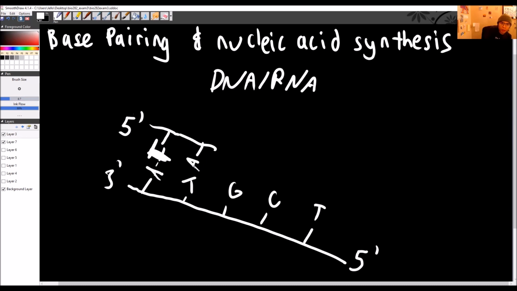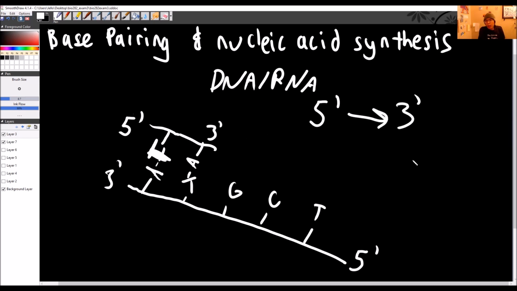You have your A, it goes with this one. As you see over here, I started from the 5' end and I worked my way over to the 3' end. That is because new nucleotides can only be added to the 3' end. This means that a nucleic acid, DNA or RNA, only grows in the 5' to the 3' direction.